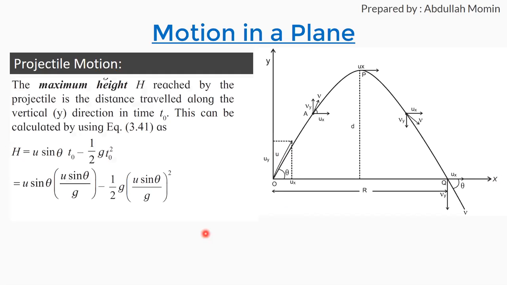Next we are going to study the maximum height of the projectile, that is H, reached by the projectile along the vertical, means this distance we are going to calculate.